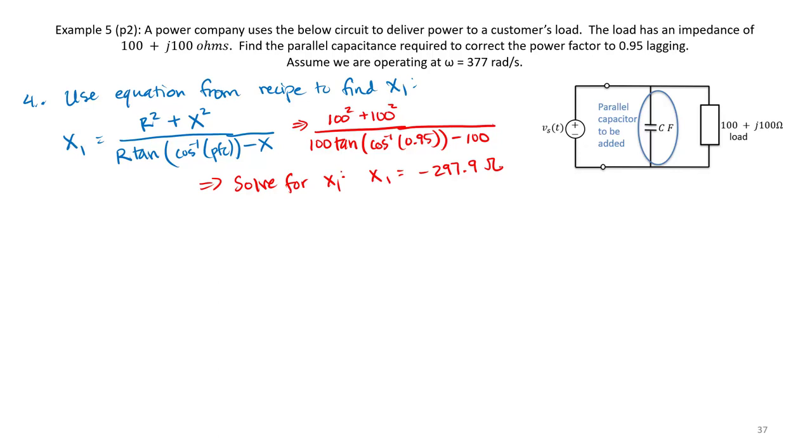We're actually going to see that the negative sign will cancel out and we'll end up with a positive capacitance. So in our final step, we use C equals negative 1 divided by omega x1 to determine the parallel capacitance needed.